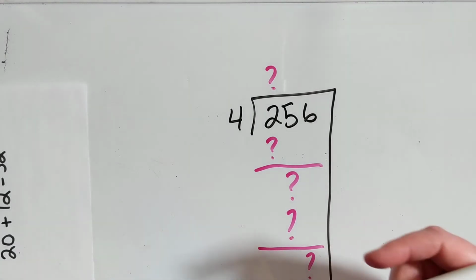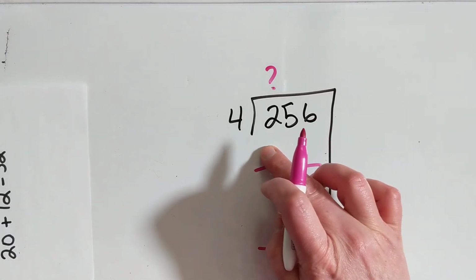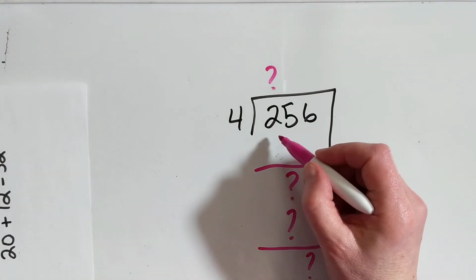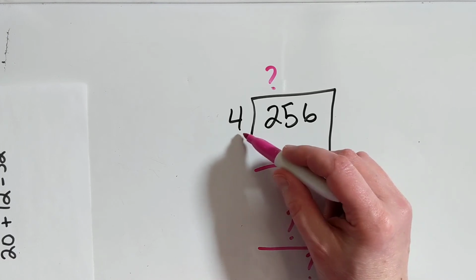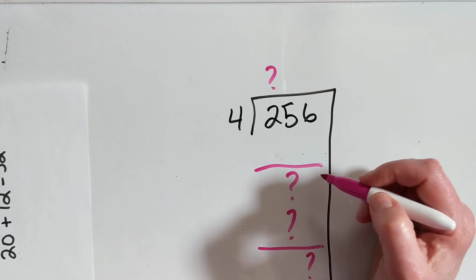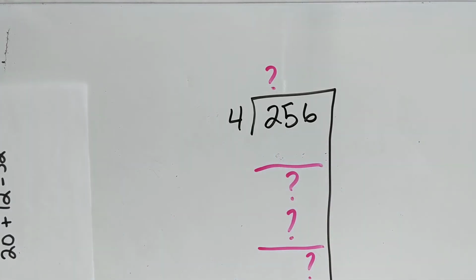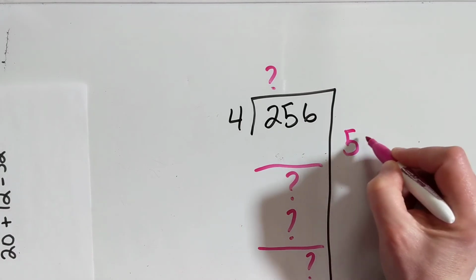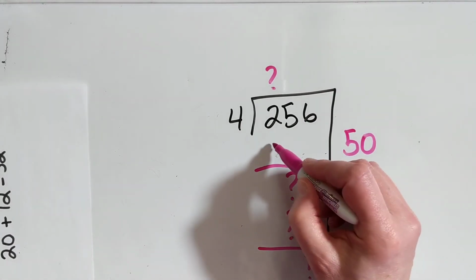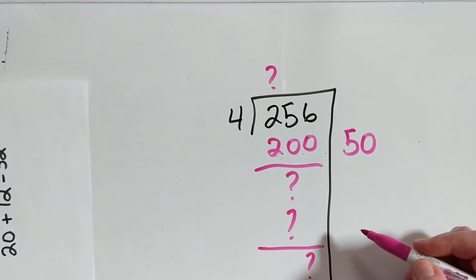Okay, so once again, you're going to use that analogy of money that we've been doing. So in this case, if I was to solve this, I would say I had to divide 4 into 256. The biggest amount that I could give to all 4 people would be $50. So that would be a total of 200 that I will have given away.